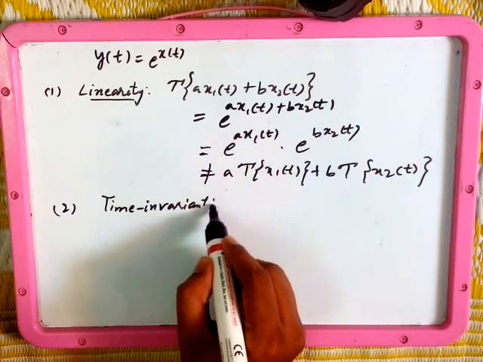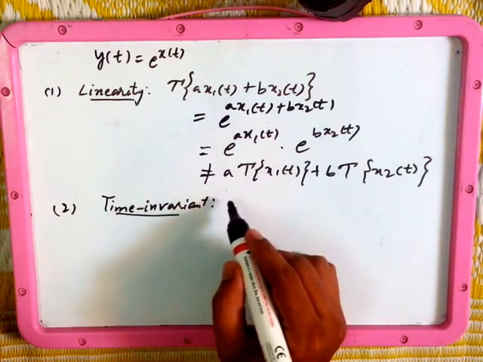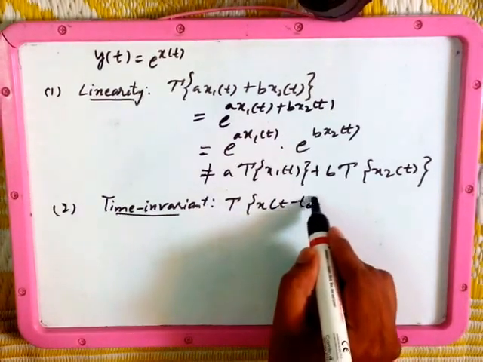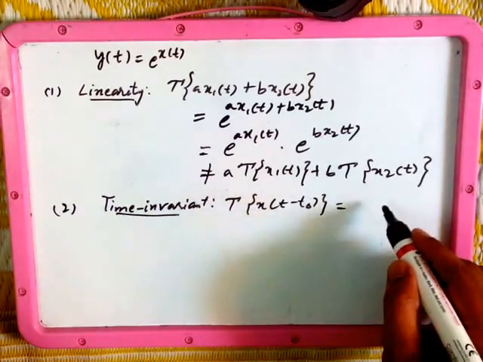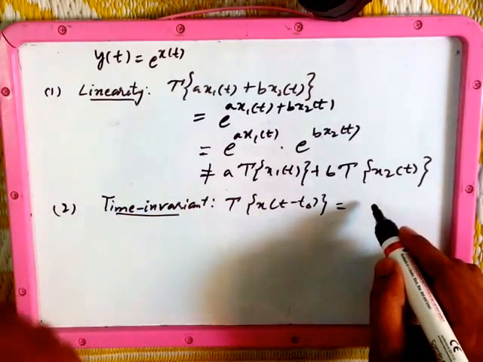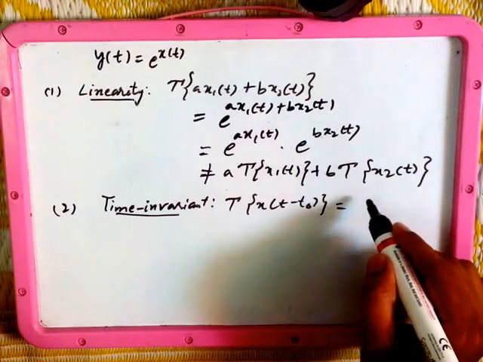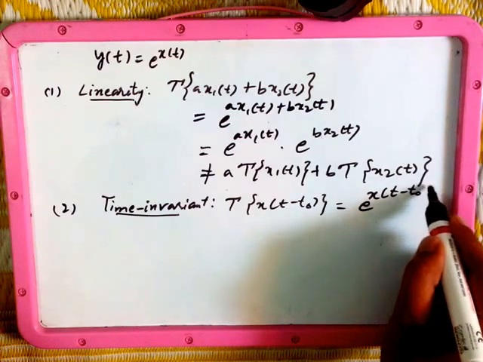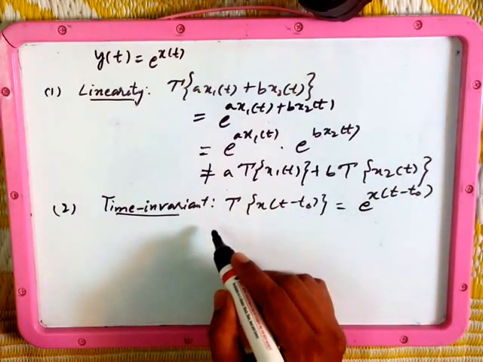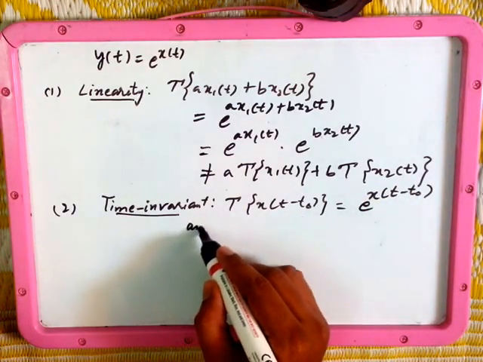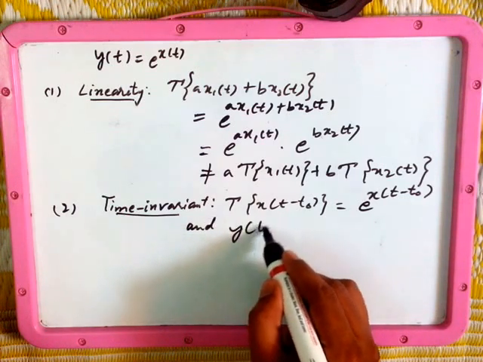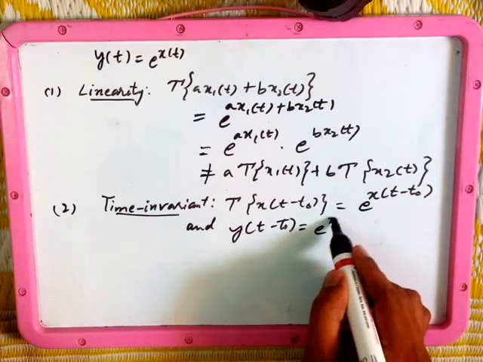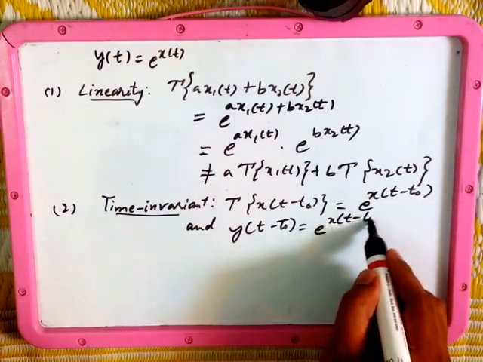Time invariant property is nothing but T of x of t minus t naught. So wherever the x is there you have to change it to x of t minus t naught. So e raised to x of t minus t naught. And y of t minus t naught is equal to e raised to x of t minus t naught.